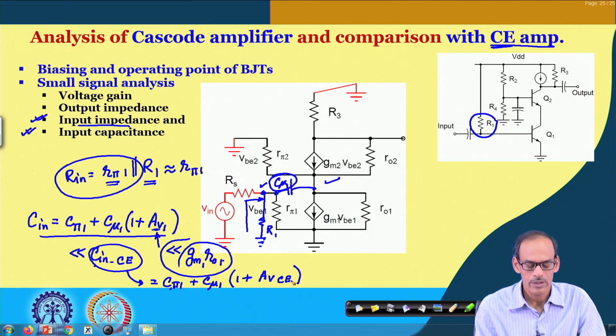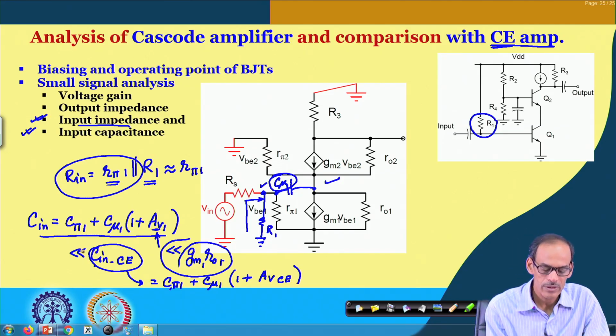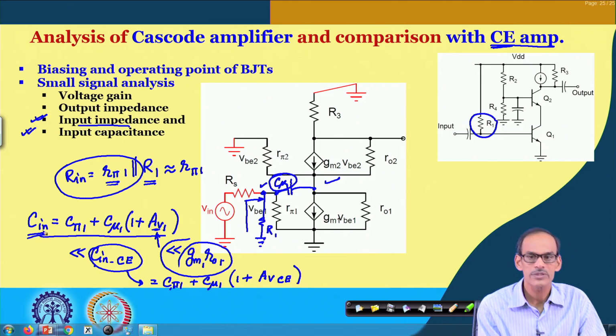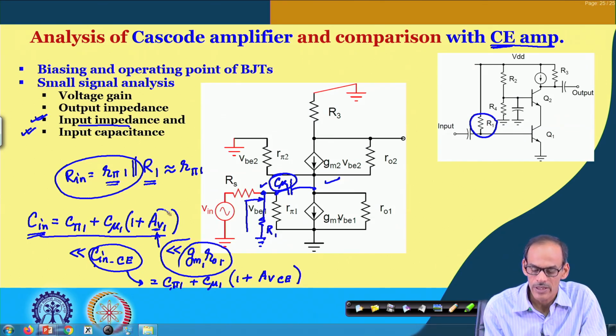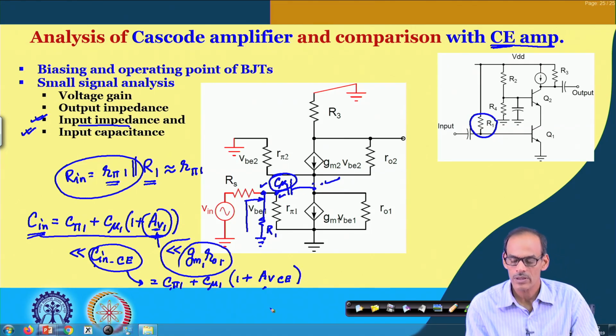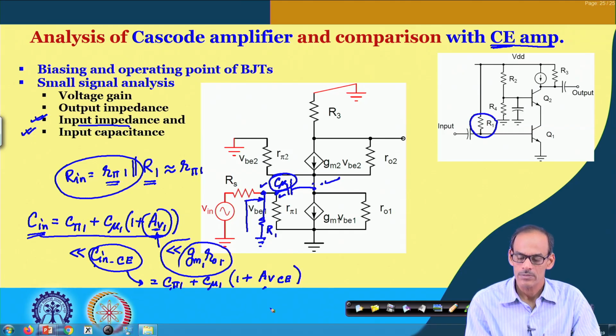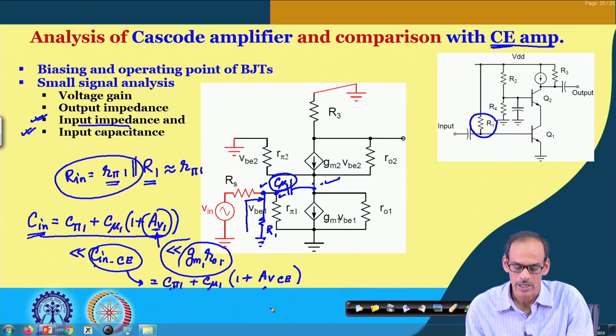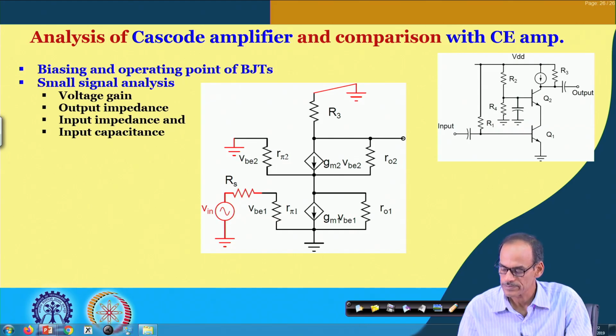Now, to really acknowledge the improvement, namely the reduction of the input capacitance, we need to establish that the gain of this circuit from this point to this point is much lower than the voltage gain of the CE amplifier. So, let us see how we establish that.